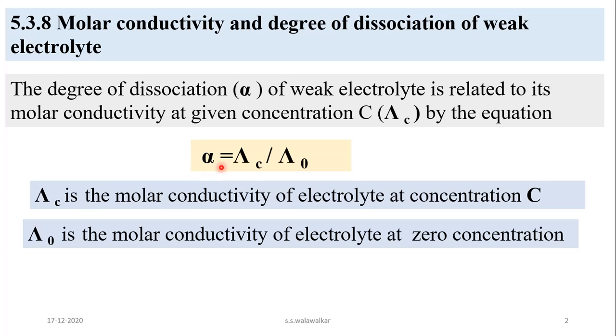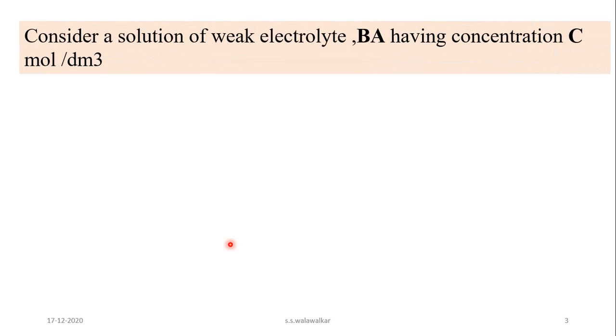From degree of dissociation we can also calculate dissociation constant. Degree of dissociation gives you the idea about the extent of dissociation of that weak electrolyte. And degree of dissociation, alpha, is related with dissociation constant of weak electrolyte, that is K.